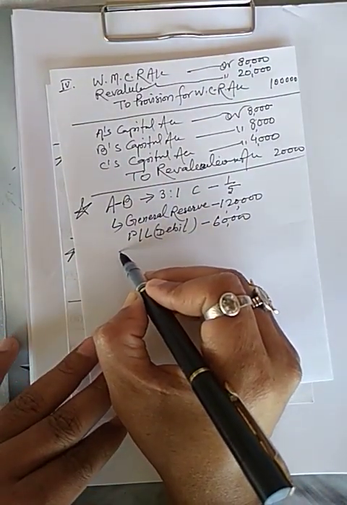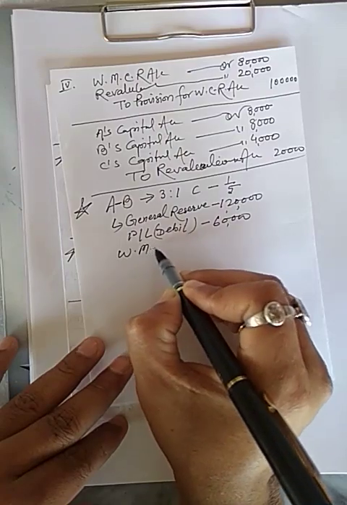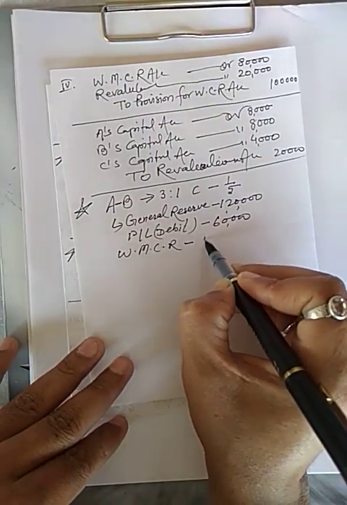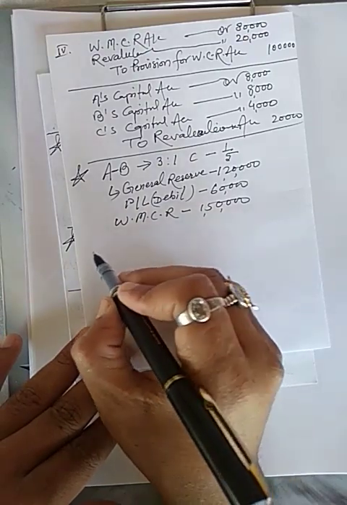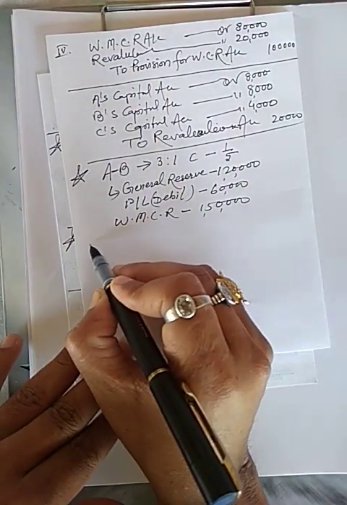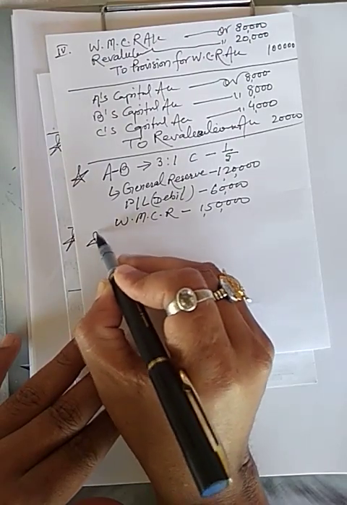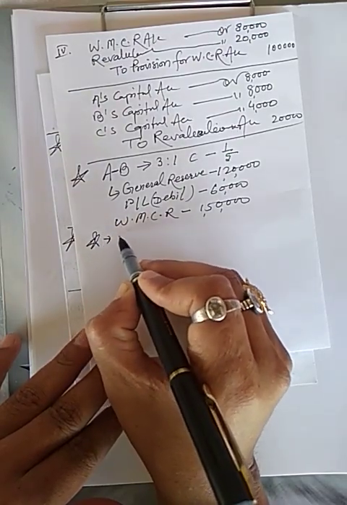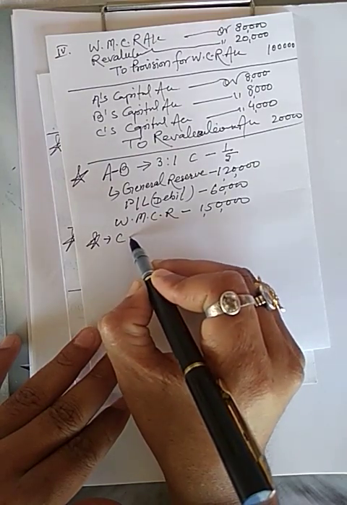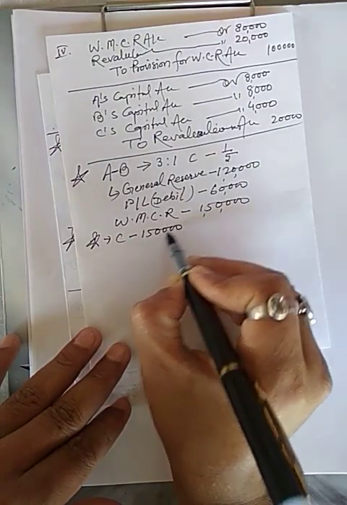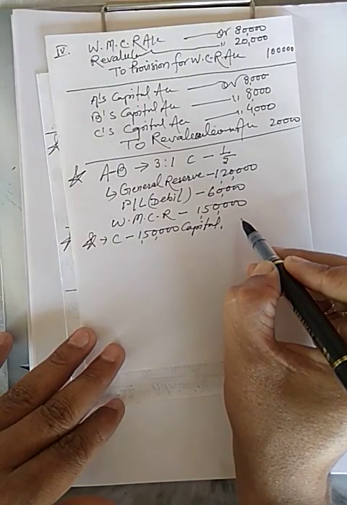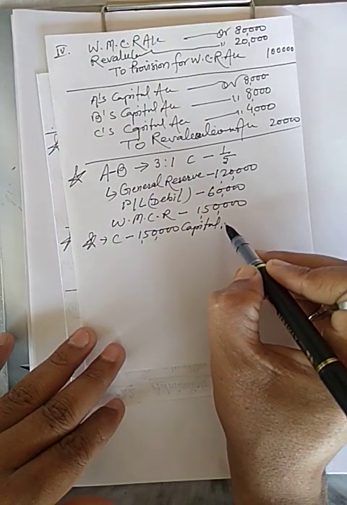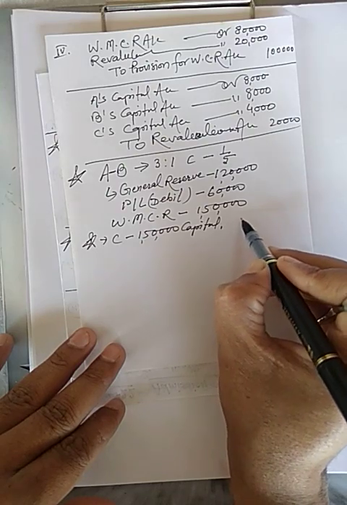Workman compensation reserve is 1,50,000. And the following cases are also given in the question. C brings 1,50,000 as capital and his share of goodwill in cash.